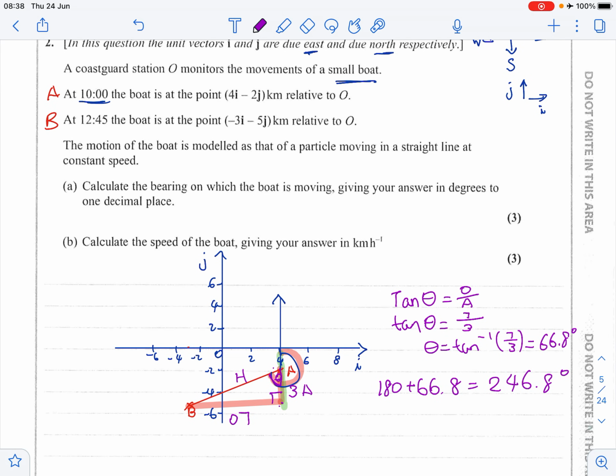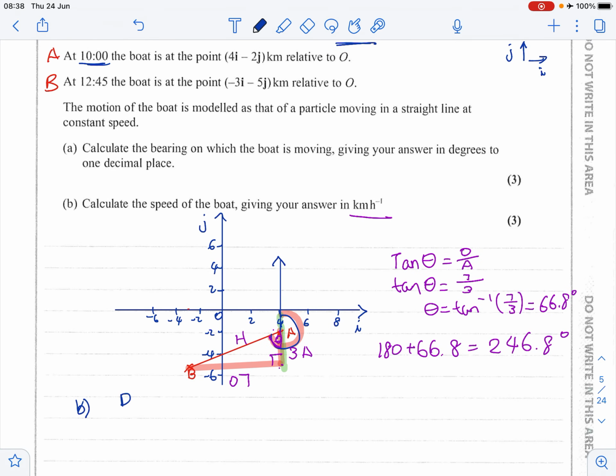Part B, we are asked to calculate the speed of the boat, giving your answer in kilometers per hour. We know that speed is distance divided by time. So we need to find the distance the boat traveled, and this is our hypotenuse here.